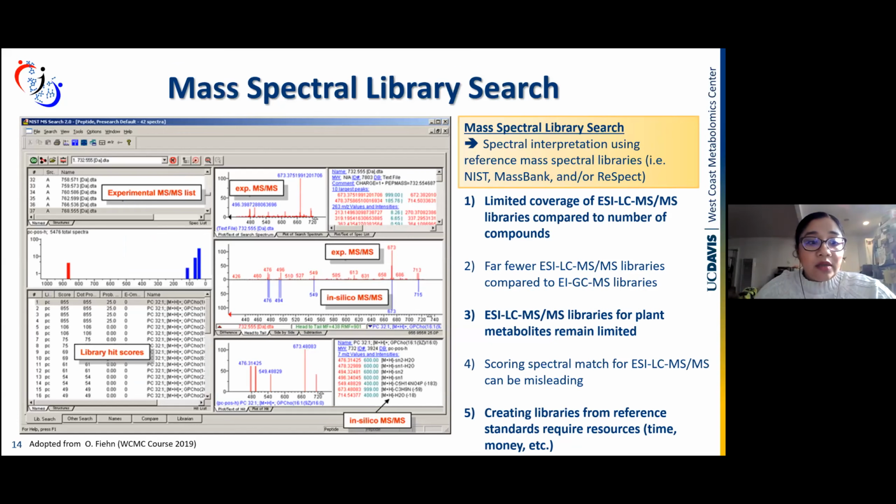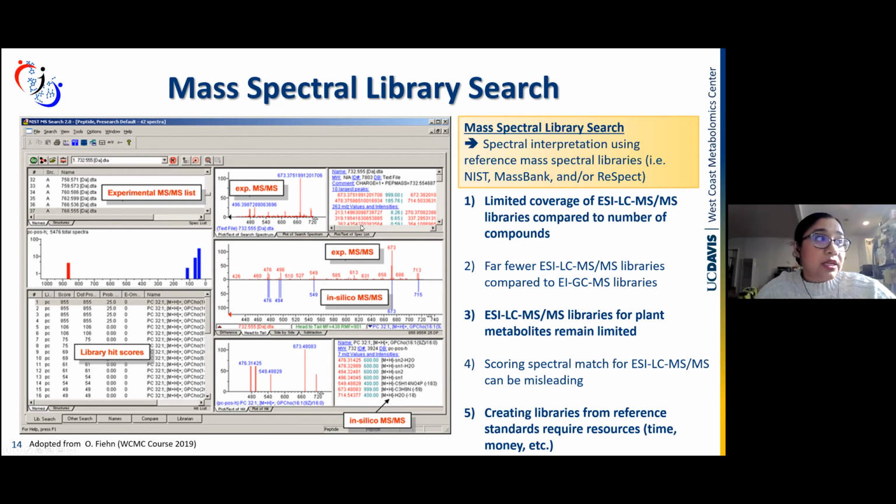So here again, this is a very routine software. It's NIST MS Search. The software is actually free. It's the library that costs money, and I'll talk about that in a second. But it's one of the oldest software that we've used in the community or in metabolomics to do the MSMS searching.